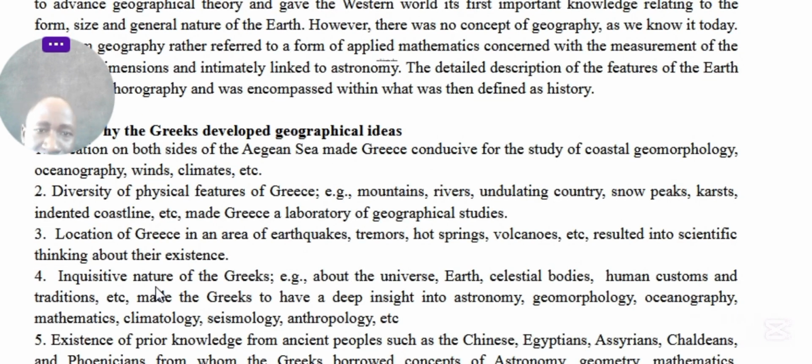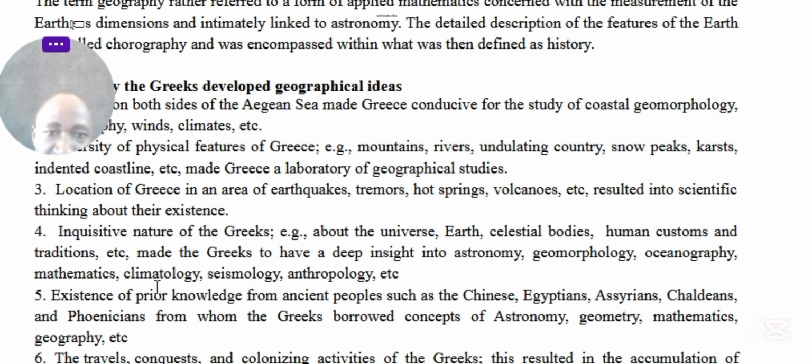When you look at the Greeks, especially different figures like Herodotus, many researchers refer to him as a historian. He was a historian and at the same time a geographer.